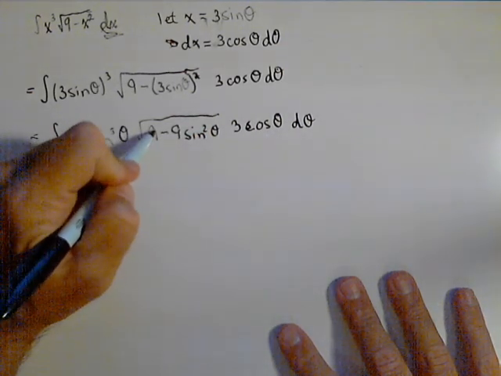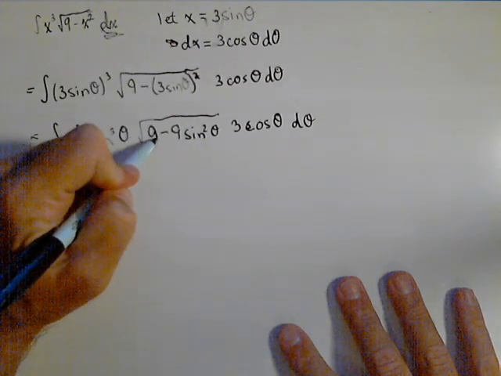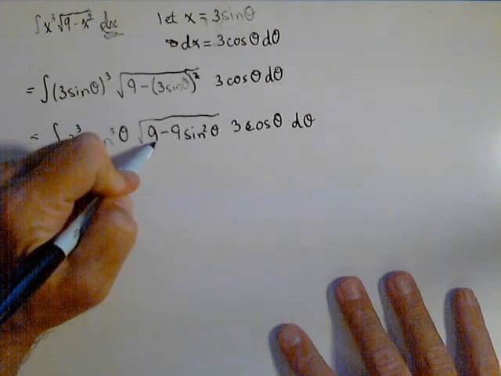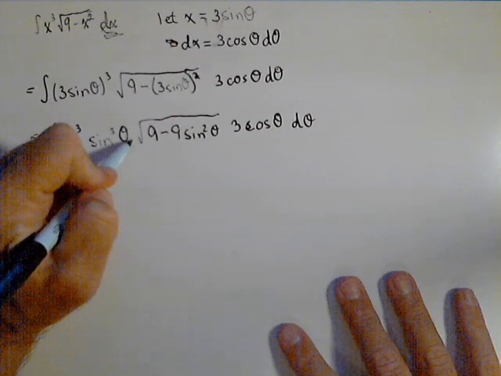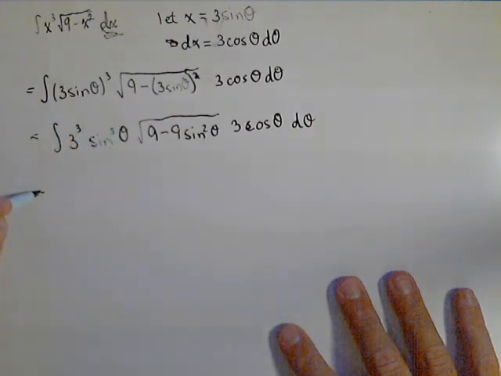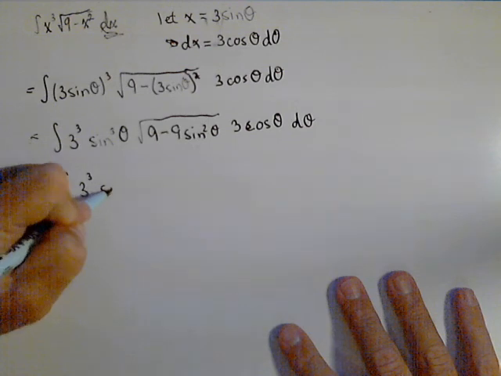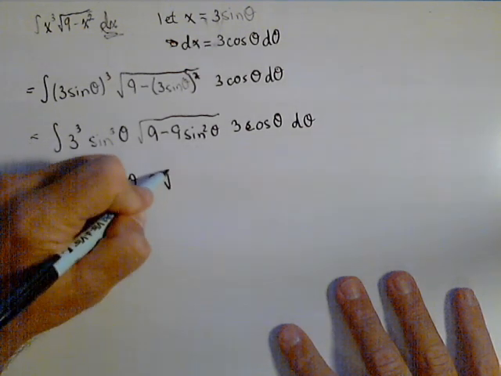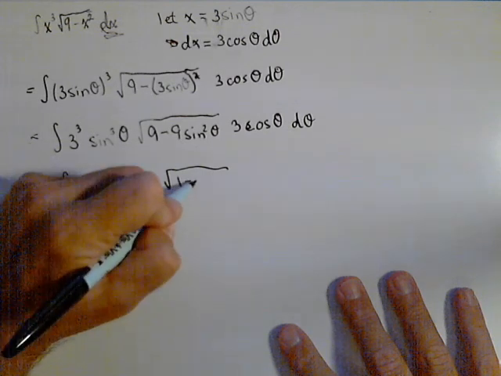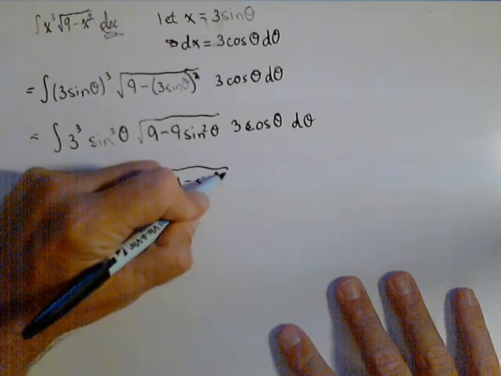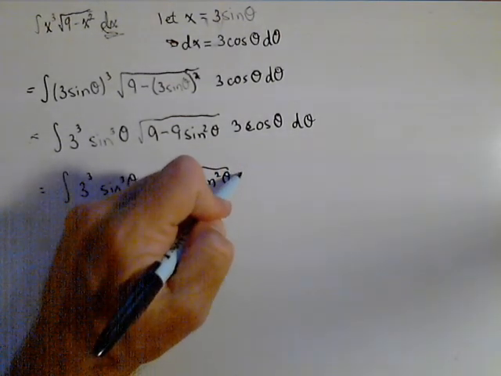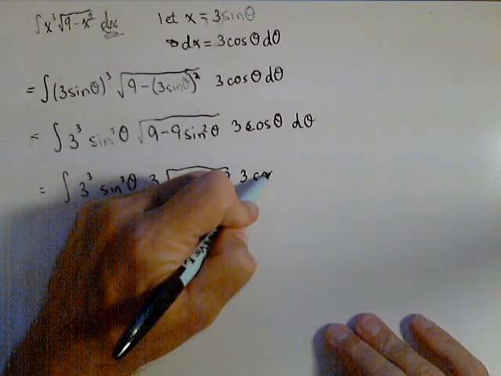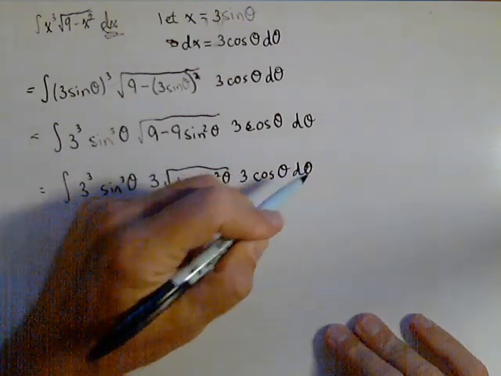Now, what we are going to be able to do under this radical is we can factor out a 9, and then we can pull that 9 out of the radical. So when I rewrite this, I'm going to get 3 cubed sine cubed theta, 3 times the square root of 1 minus sine squared theta, 3 cosine theta d theta.